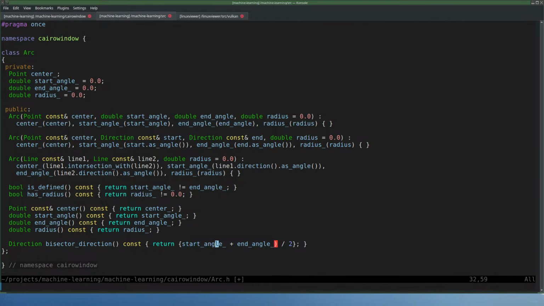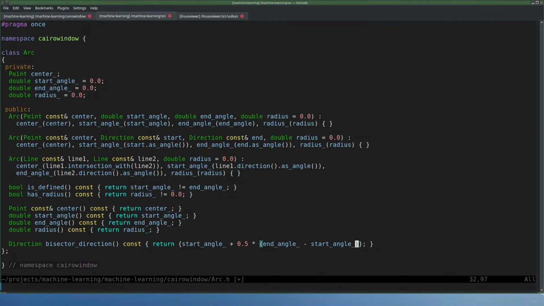Where the something is equal to the difference between those two, times a half, but corrected for the fact that they might be negative, which is rotating the wrong way.